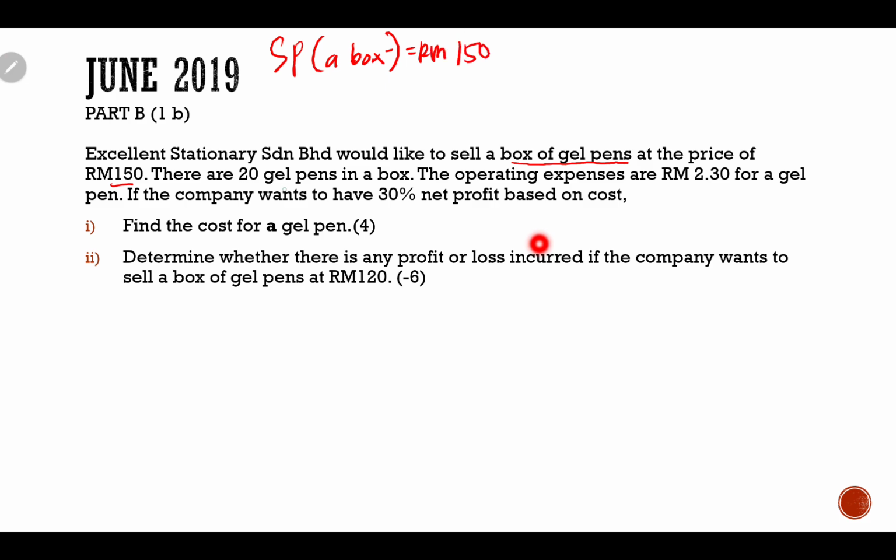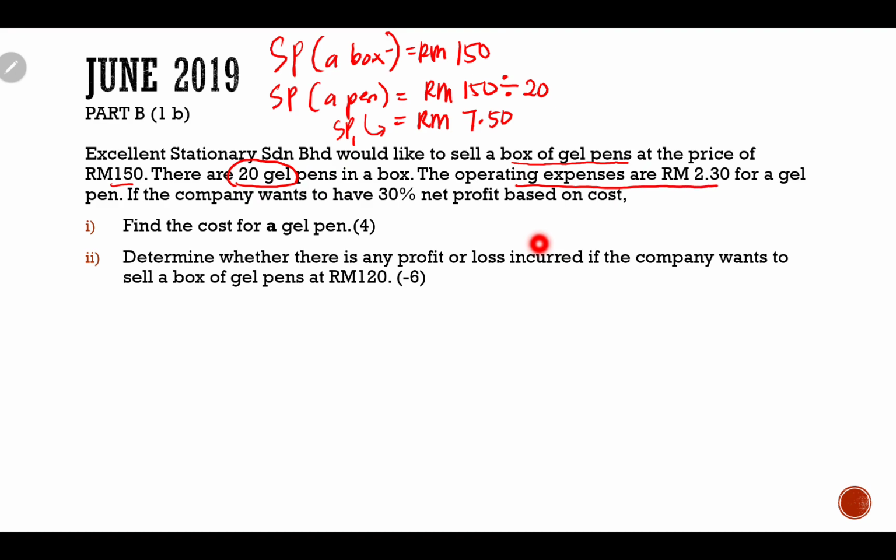One box consists of 20 gel pens. So the selling price for a pen is 150 divided by 20, which gives 7 ringgit and 50 cents for a pen.